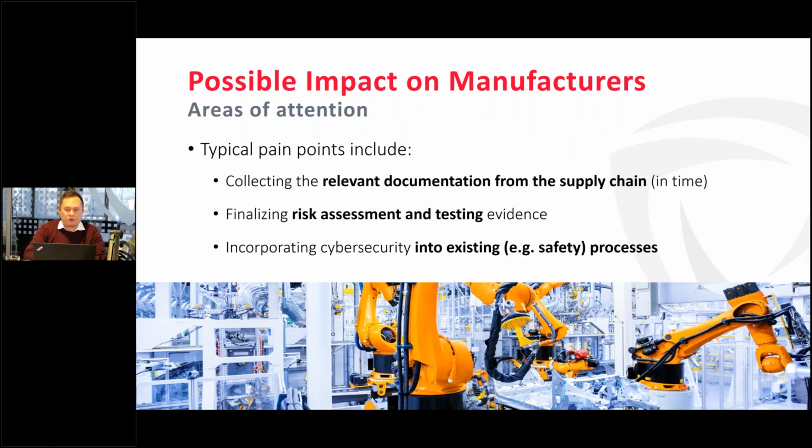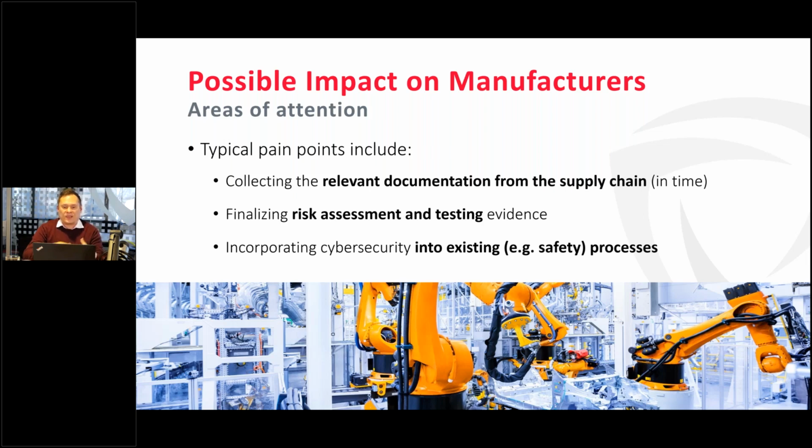When we talk about pain points, maybe there are a few more, but we wanted to highlight 3 of them. We do see that the process of obtaining the documentation and required agreements, required evidence from the supply chain could take quite some time. More important is the fact that it's not only something that you will do one time as a vehicle manufacturer, but at moment 0, so in the beginning, you might have a set of evidence to collect, a set of contractual agreements, but also throughout time with various updates to the components, with various new vulnerabilities, new incidents.